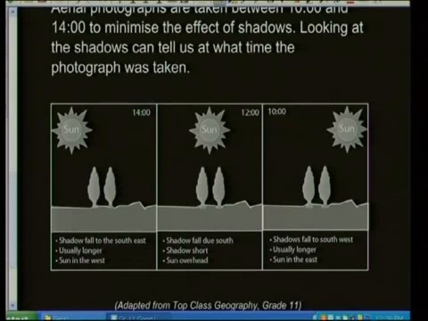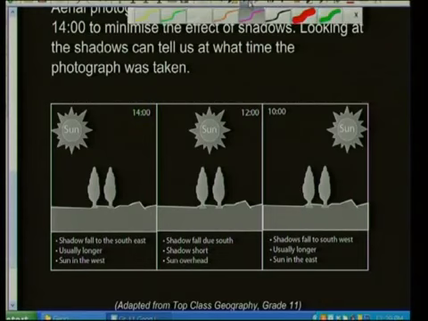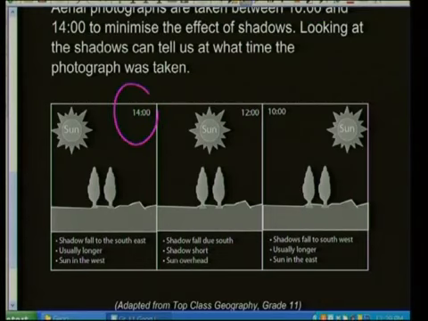If it's 1400 hours, the shadow will fall on the southeast because your sun is in the west. So it'll fall on the southeast.